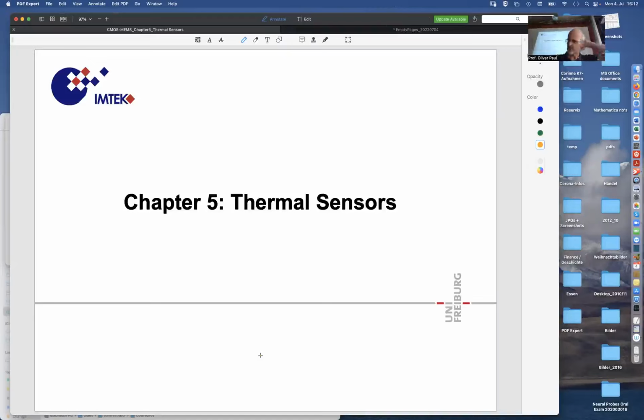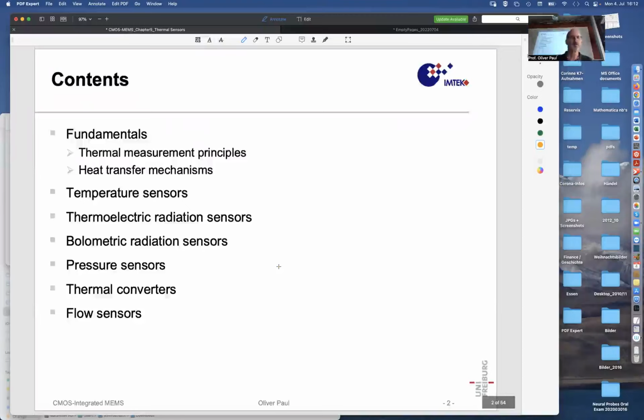So thermal sensors encompass a whole range of devices that I would like to address. Among those are temperature sensors, radiation sensors of several kinds, pressure sensors, thermal converters, and flow sensors.